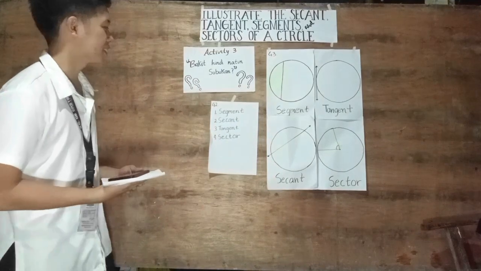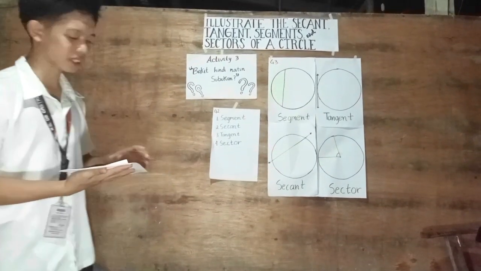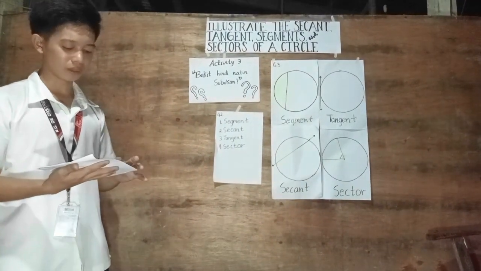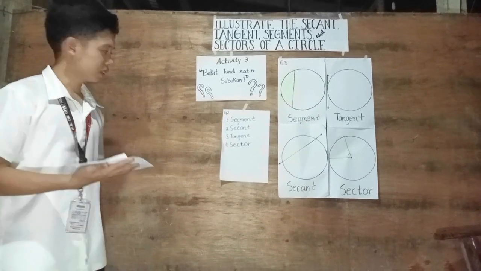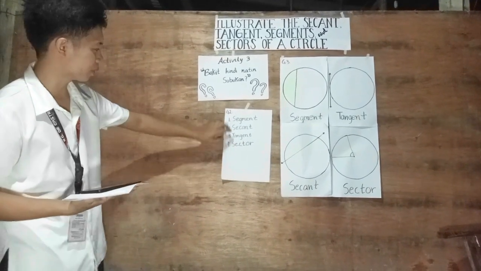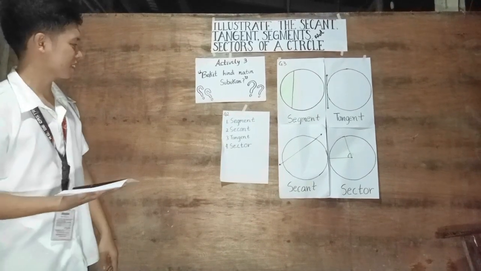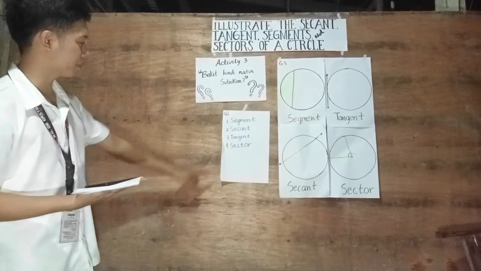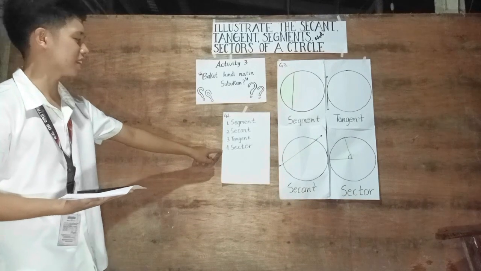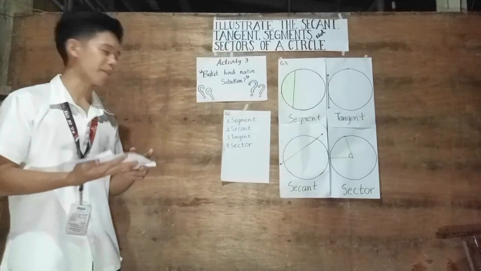Okay, that's right. So for group number 2, distinguish activity. Yes, correct. Number 1, segment. And for group number 2, secant, 3, tangent, and 4, sector. All correct.